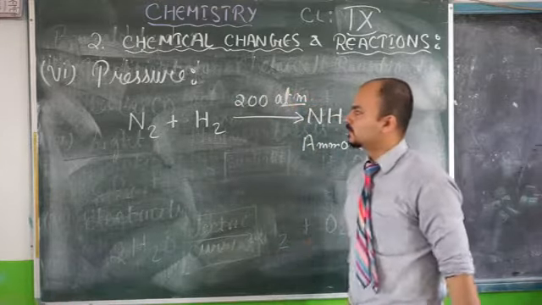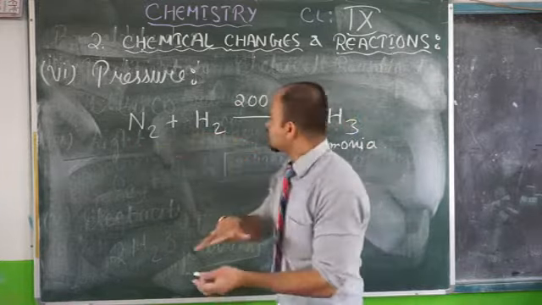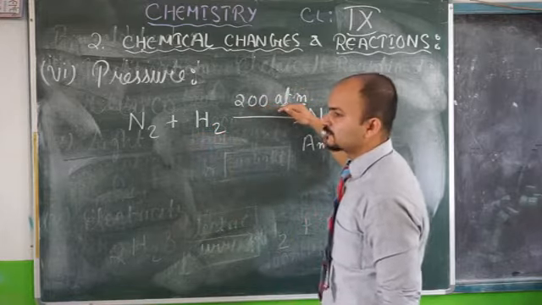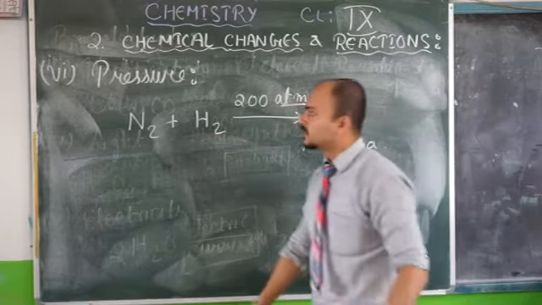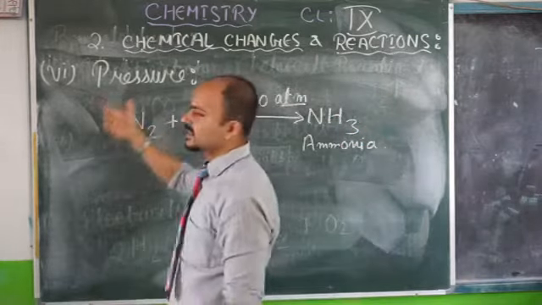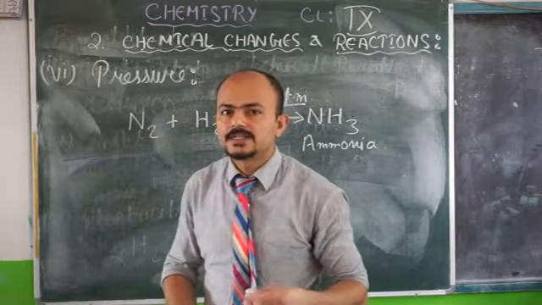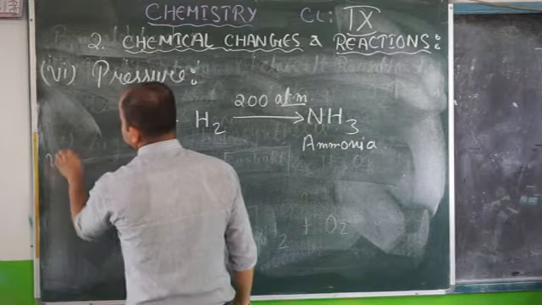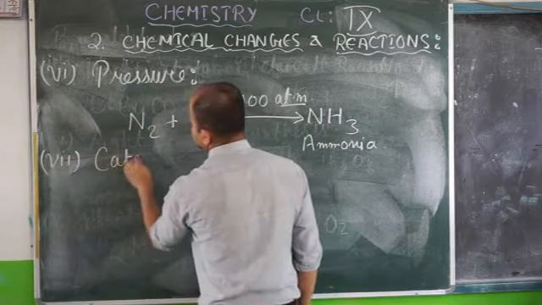So when nitrogen and hydrogen are compressed under this pressure, that is 200 atmosphere, then only formation of ammonia takes place. Okay? Now this is the sixth condition. Some reactions can take place only under certain pressure. The seventh condition is catalyst.